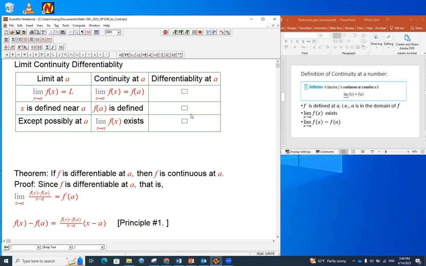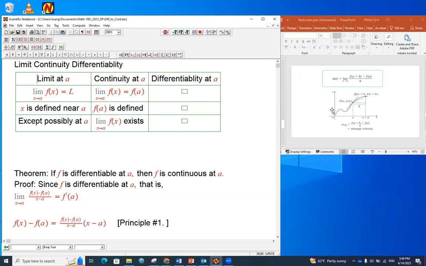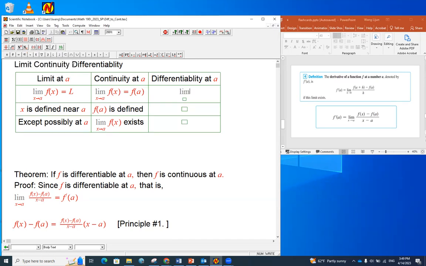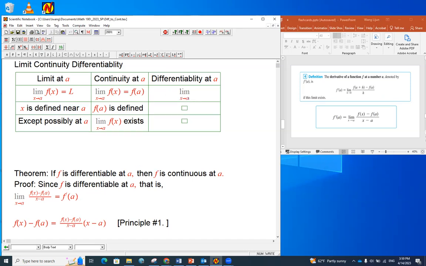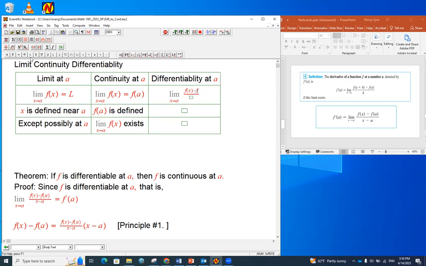Differentiability: if we look at the definition, this particular limit exists, the limit as x approaches a of f of x minus f of a over x minus a. That's the definition.